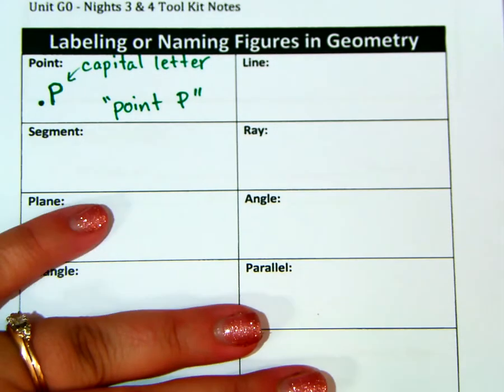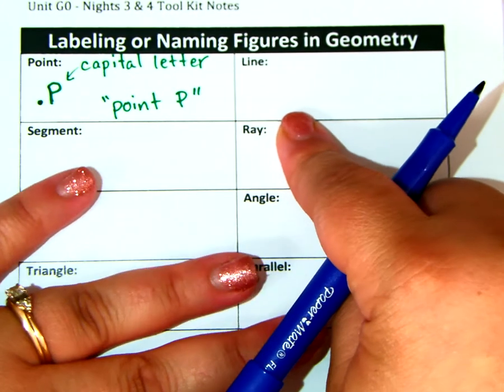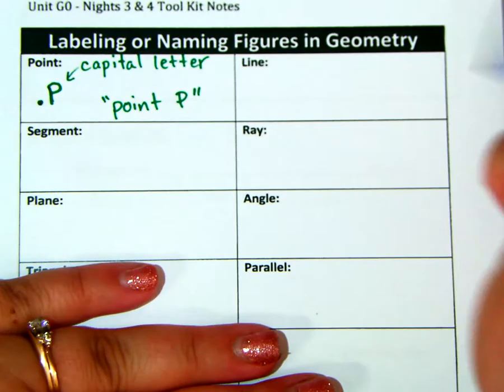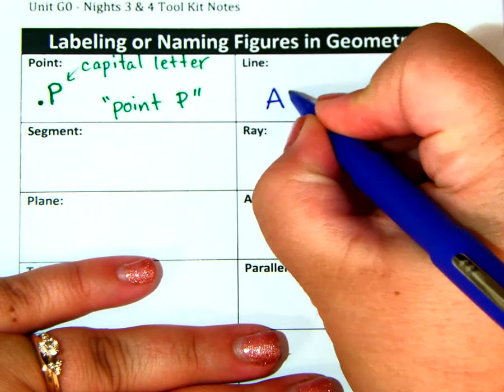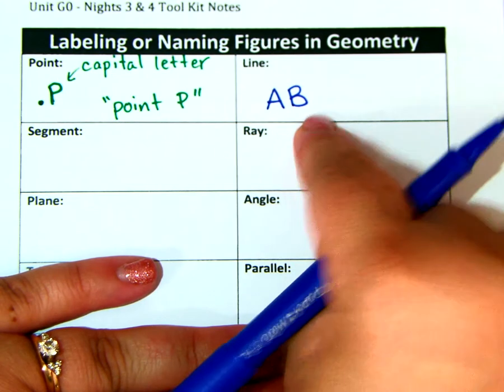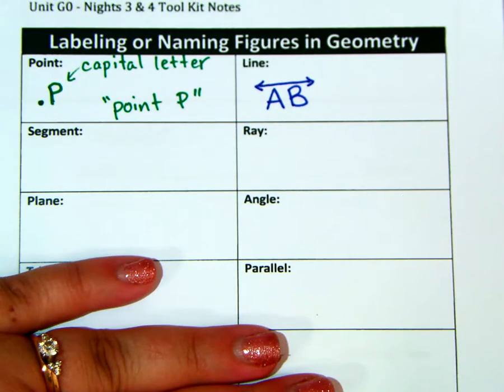For a line, you use 2 points that are on the line, because through any 2 points there is a line. And so you use 2 points that are on the line, point A and point B, so 2 capital letters, and you draw a line above them.